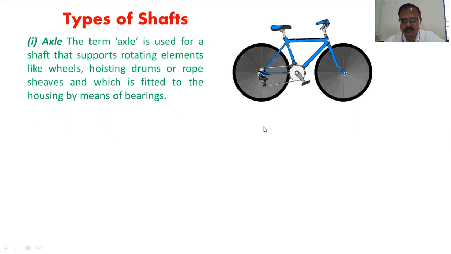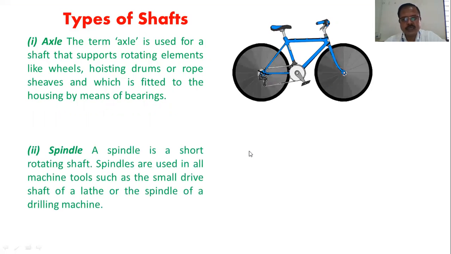Here we can see the animation of a bicycle. The rotating wheels are mounted on the axle. So, axle is a non-rotating shaft which supports rotating wheels in this case.